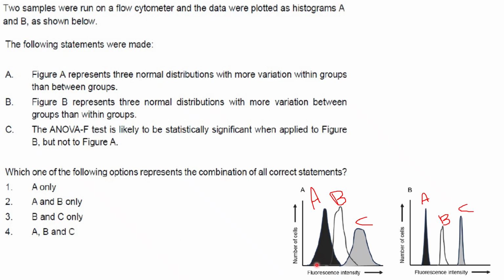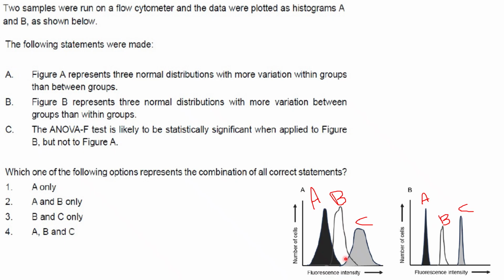So here there is overlap between the peaks, whereas these peaks are separated. Now here you see the peak width is also very large when compared to these peaks. Okay, here it is very large.